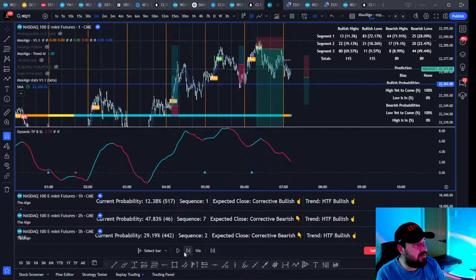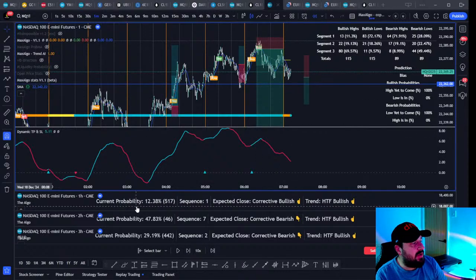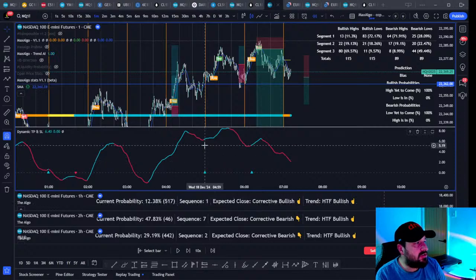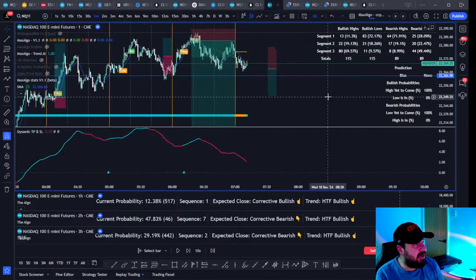When we start the hour, we can see we go straight away into a corrective bullish move. So immediately the algo's going, right, time for a correction. We've got an 87% probability here that we're going to close bearish. So we want to look for then confirmation to be able to get in on this trade.